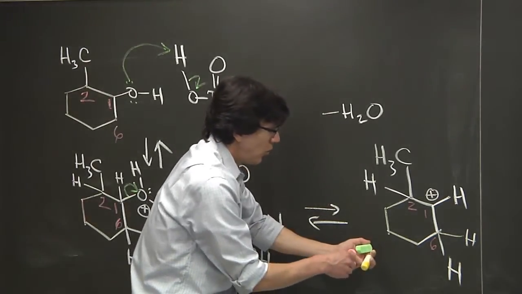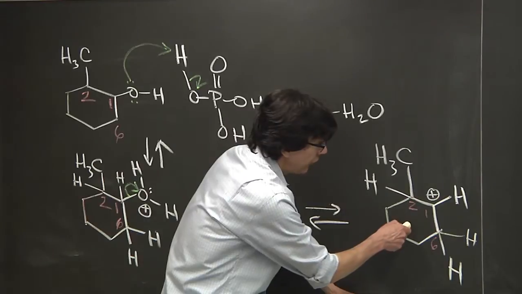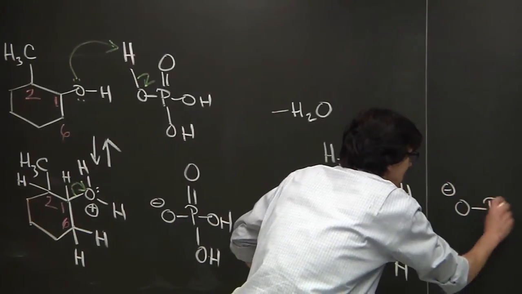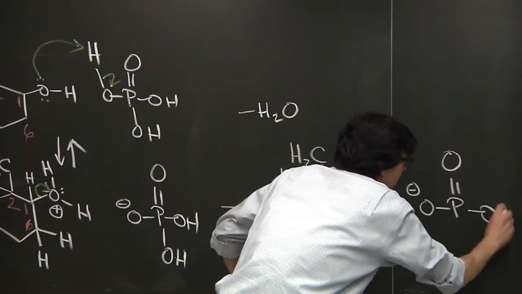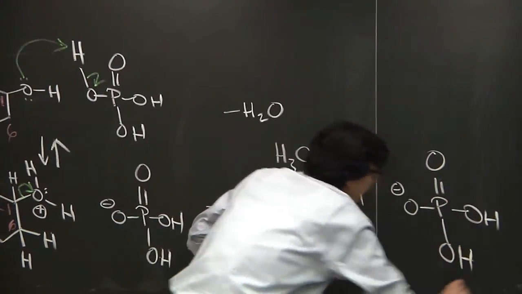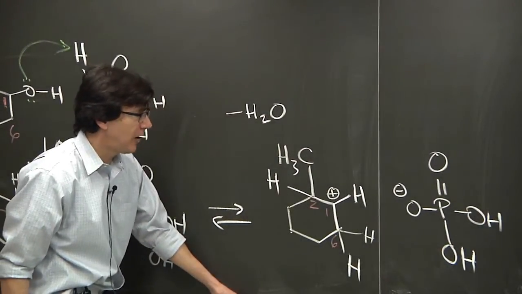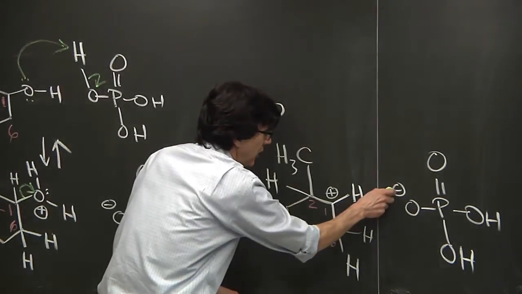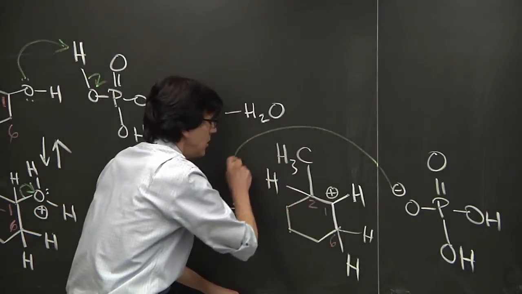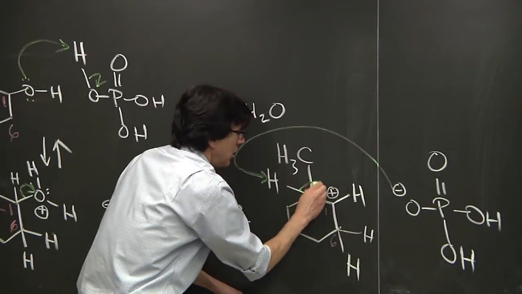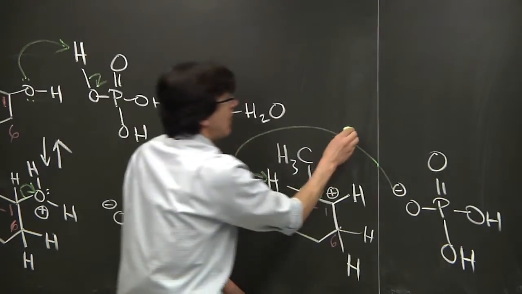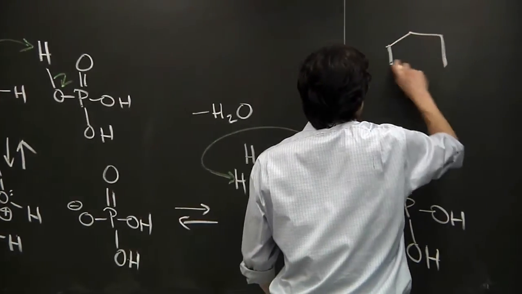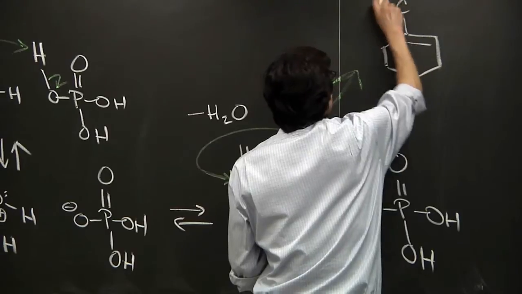Now we're pretty close to being done. We need a base. The best base we have in the reaction mixture is the conjugate base of the acid that we started with. Now we could deprotonate at this position. That would give us the trisubstituted alkene product. There it is.